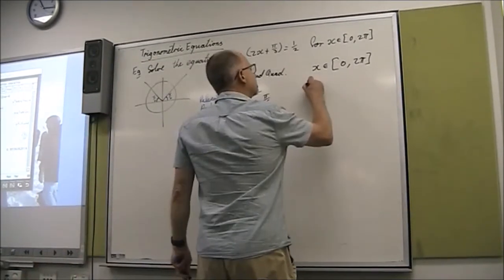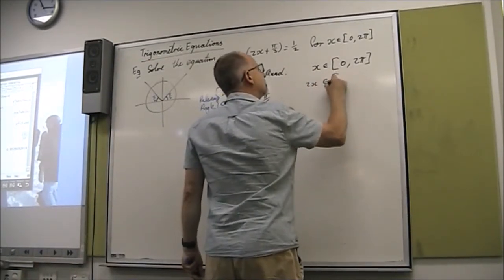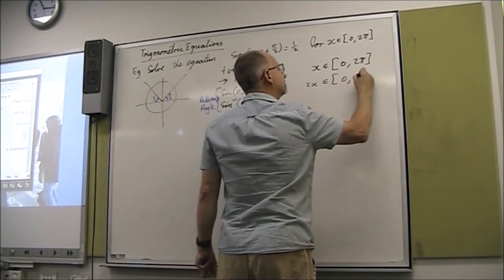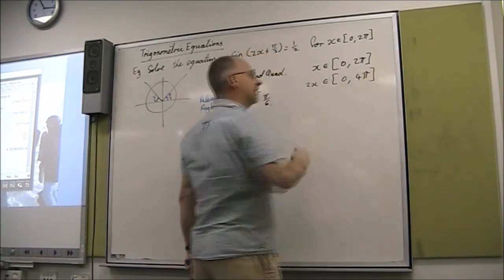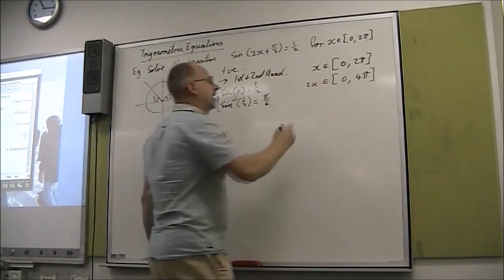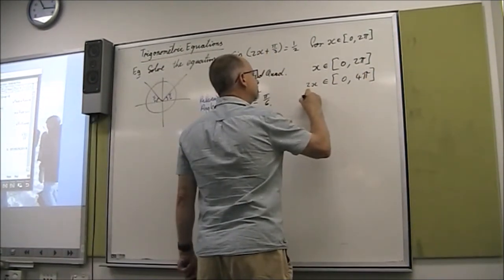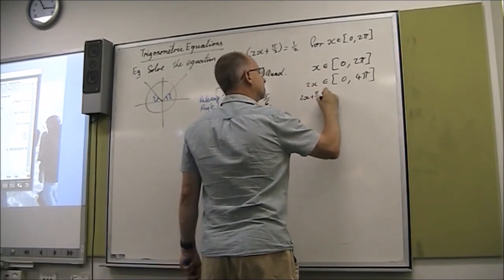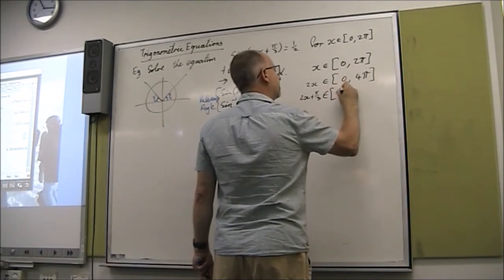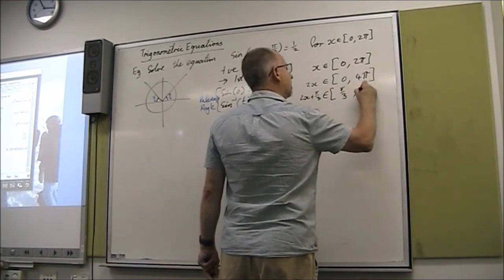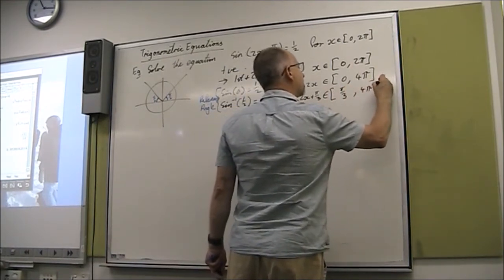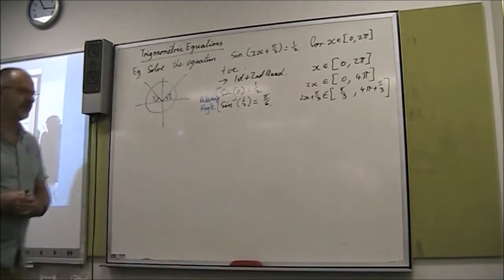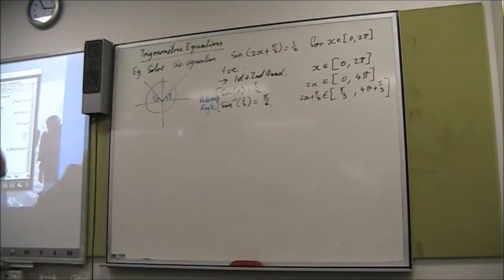So 2x, you simply multiply both of those by 2. So 2x is between that and 4 pi. Then add pi on 3. So we're going between pi on 3 and 4 pi plus pi on 3. And you can work that out if you want, but you don't need to.